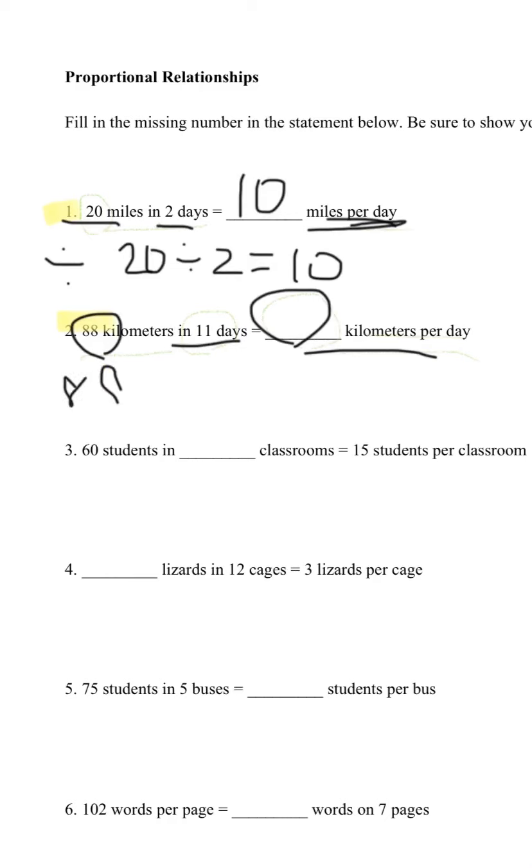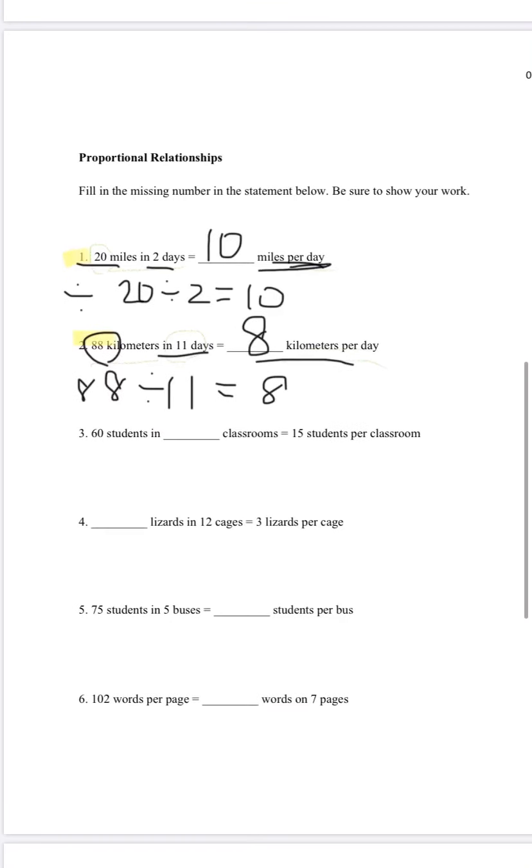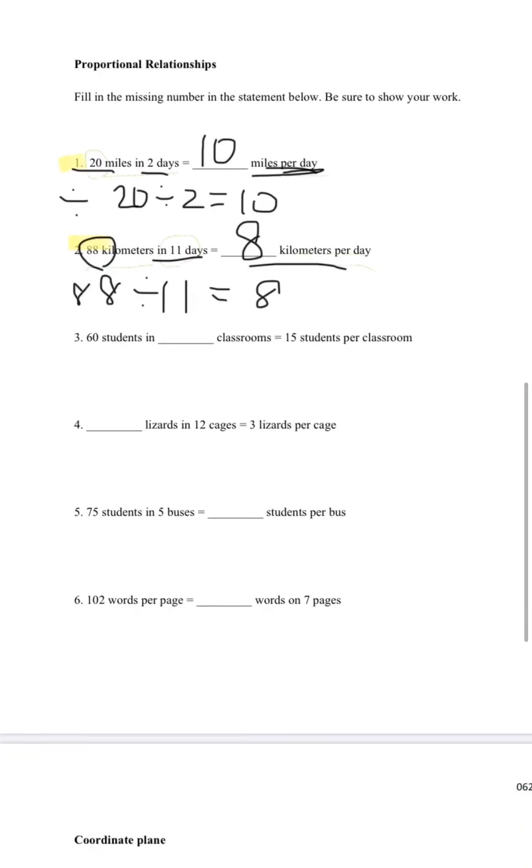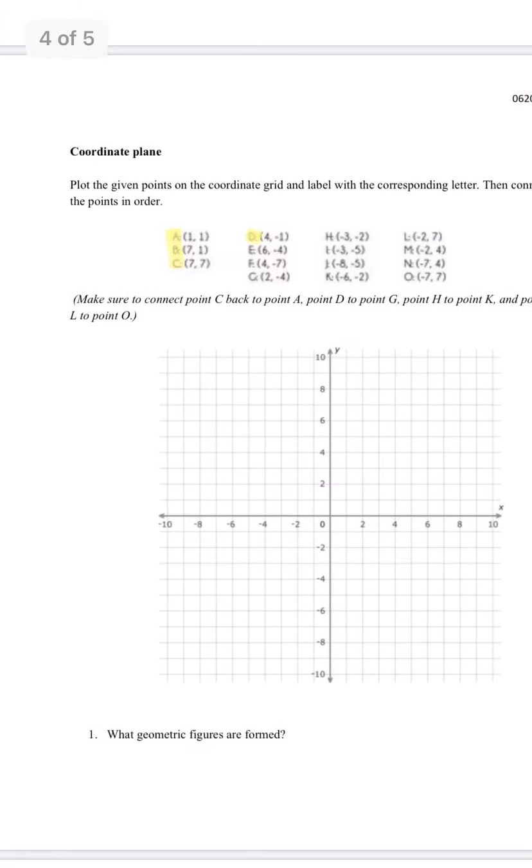So 88 divided by 11 equals 8, right? So we're going 8 kilometers per day. So hopefully that wasn't something too confusing. So go ahead and finish this page. And let's go to coordinate planes.